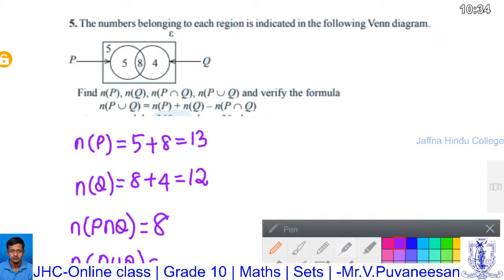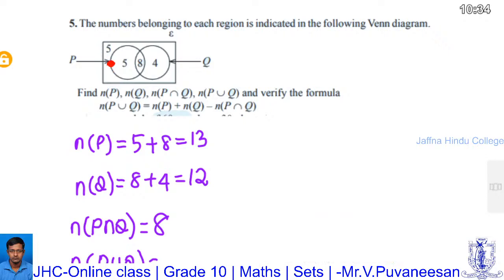In here 3 regions are there, 5, 8 and 4. 5 plus 8 plus 4 is equal to 17 elements. Number of P union Q, 17.